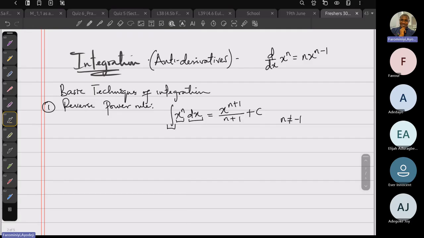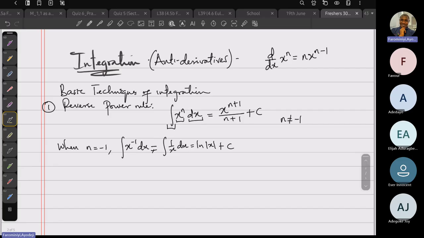When n is equal to negative 1, that is the integral of x raised to the power negative 1, which is the same thing as the integral of 1 over x, is the natural log of x.